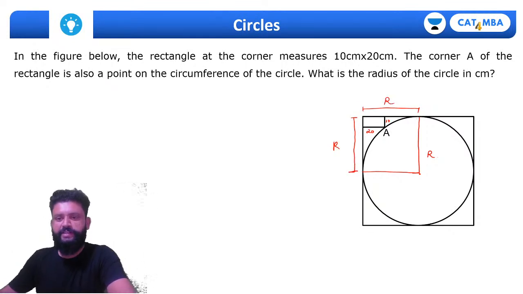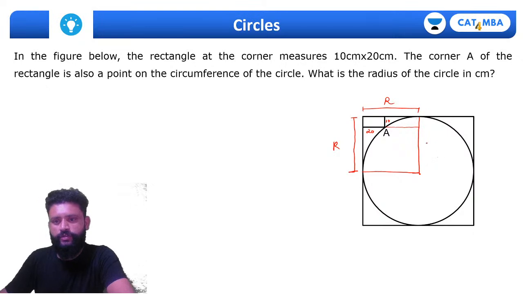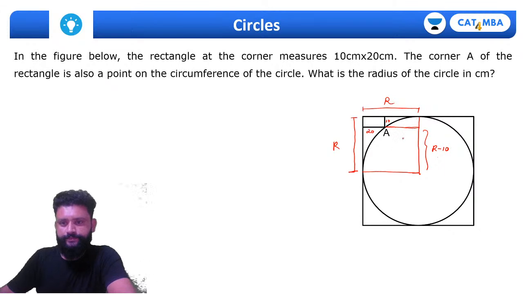a bit of creativity you will have to show here. So I want from your side: this distance will be r minus 10 and this distance will be r minus 20.